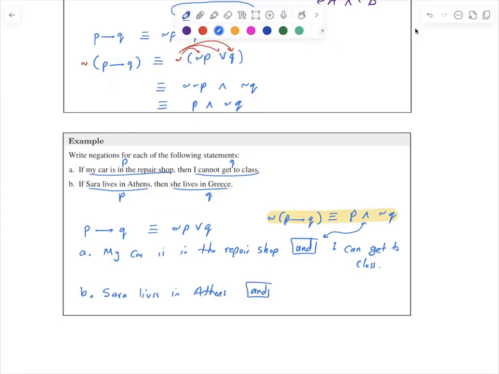And remember that when you are doing the negation of implication, you end up with and. Not Q. She doesn't live in Greece. And she does not live in Greece.